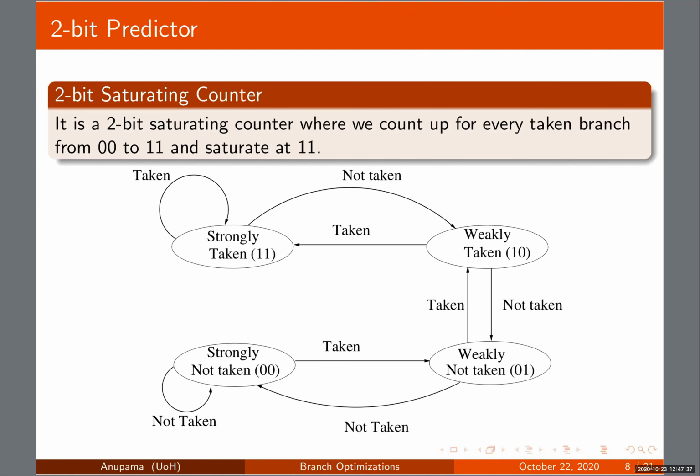The book is very clear about it: you are in the 0, 0 state, and if you take the branch, you move to the 0, 1 state, and if you take it again, you move to the 1, 1 state. They don't talk about moving from the 0, 1 state to the 1, 0 state, and then from the 1, 0 state to the 1, 1 state.